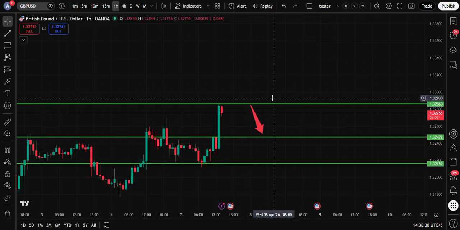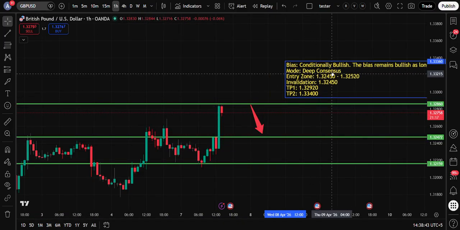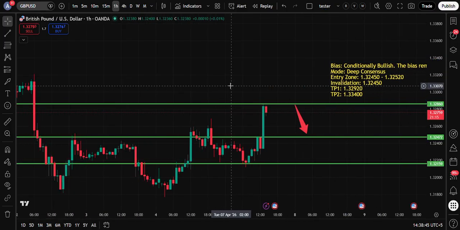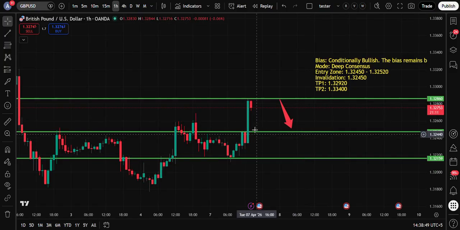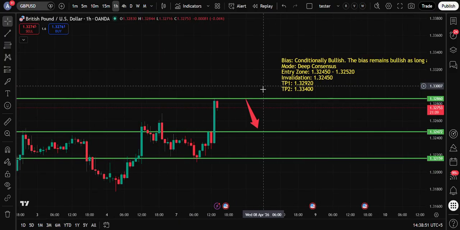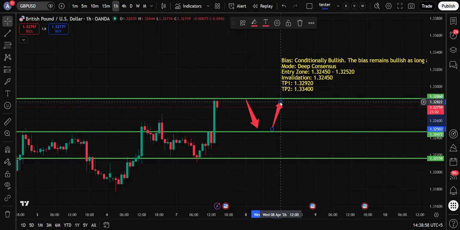So let's paste these levels right here. Okay, guys. So my analysis: I would expect a correction down to 1.32472, and a move back up.